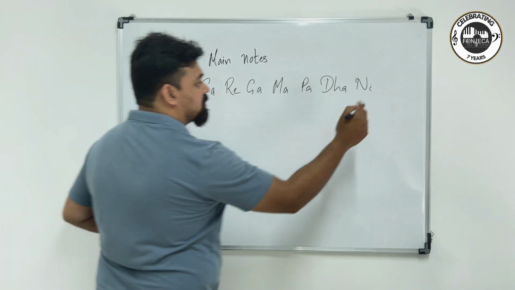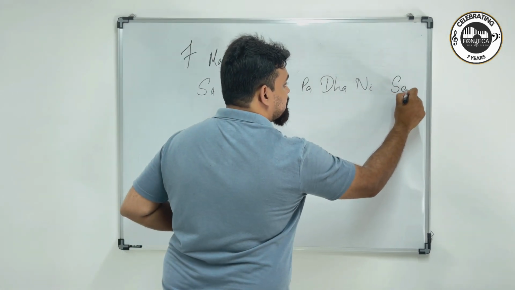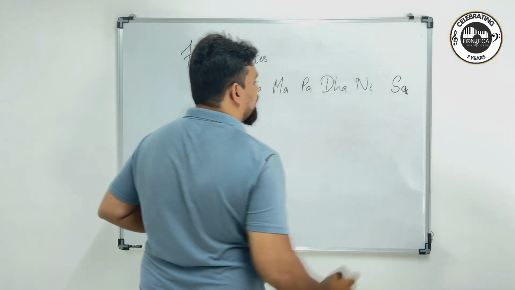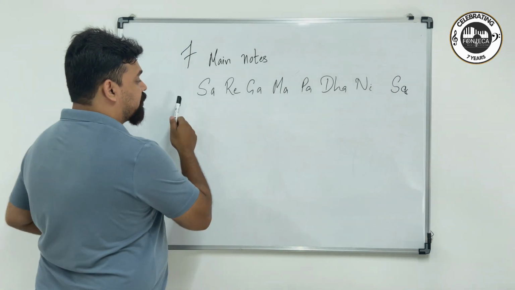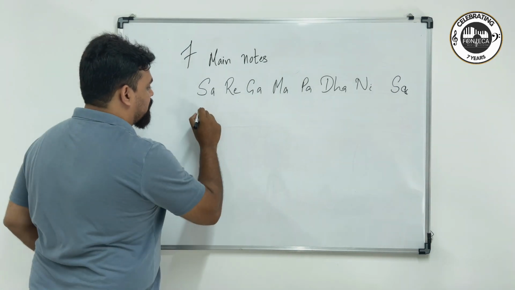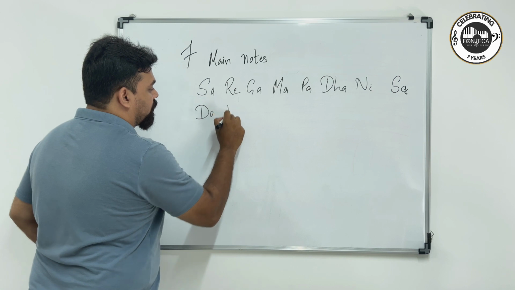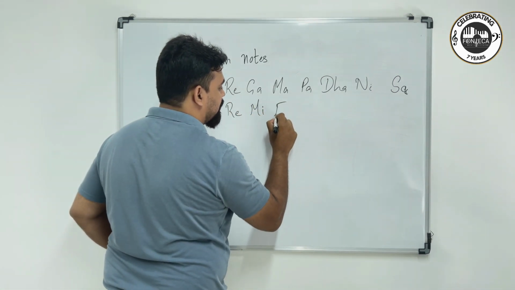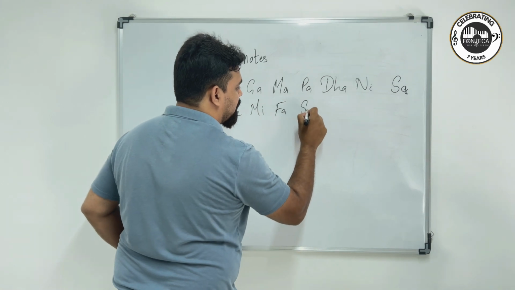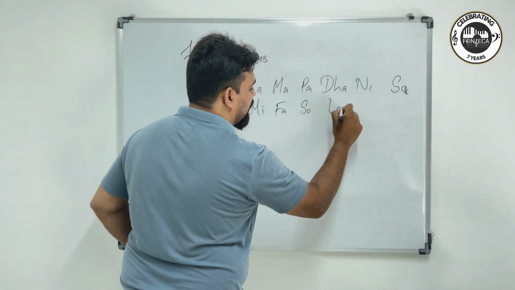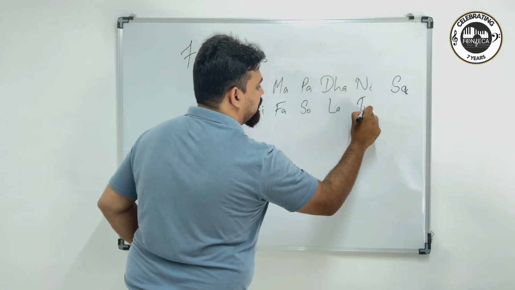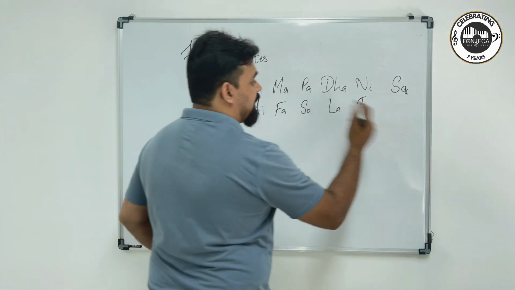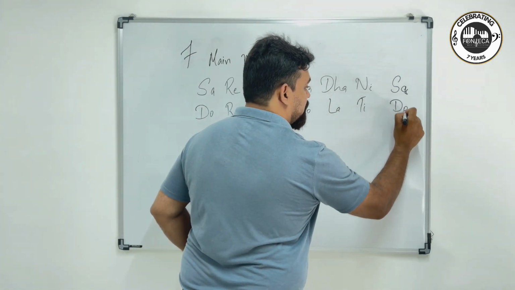These make 7 notes. It ends on sa again, which is the 8th note. If we look at Western music, you have do, re, mi, fa, so, la, ti. 7 notes and it ends again on do.